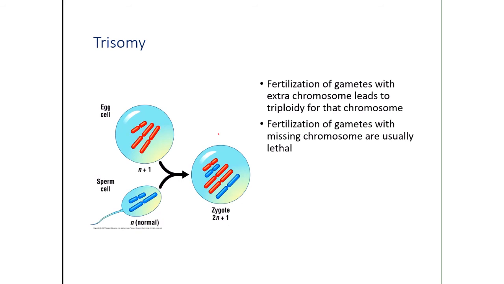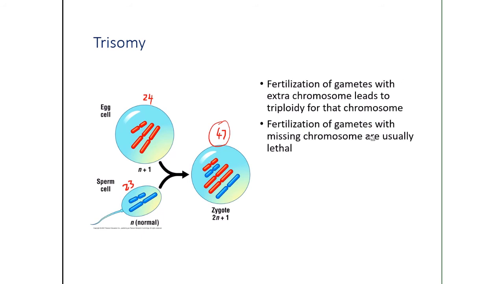It's going to have 47 chromosomes as opposed to 46, because the sperm would be carrying 23 chromosomes, and the egg, n plus 1, would be carrying 24 chromosomes, and the zygote will now have 23 plus 24, resulting in 47 chromosomes, and depending on which chromosome is extra, we will say it is trisomy something. Okay, so there is trisomy 18, meaning there is an extra chromosome 18, right? And trisomy 21 would mean that there is an extra chromosome 21.